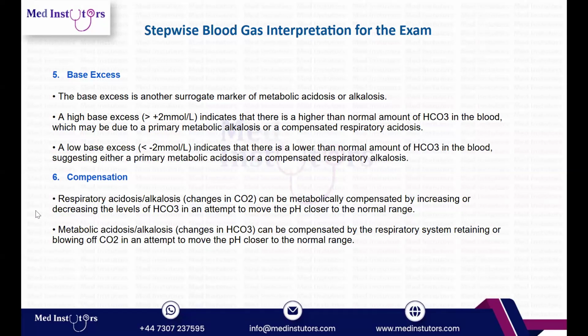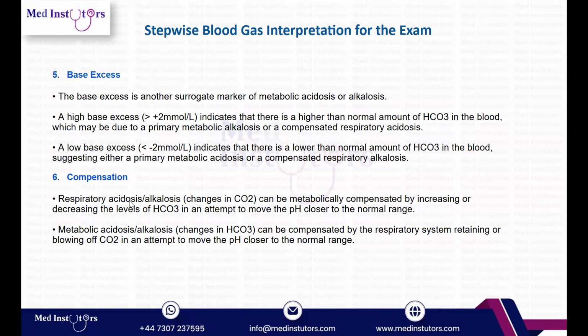Then we have compensation. I already explained, if there is a problem going on with the respiratory system, then the kidneys try to compensate. And if there is a problem with the kidneys, then the lungs try to compensate. Respiratory acidosis or alkalosis, that means changes in the carbon dioxide level, can be metabolically compensated by increasing or decreasing the level of bicarb in an attempt to move the pH closer to the normal range.